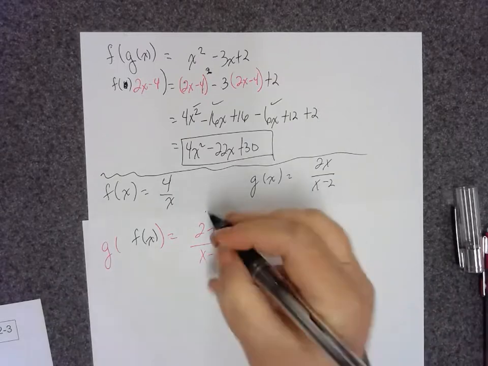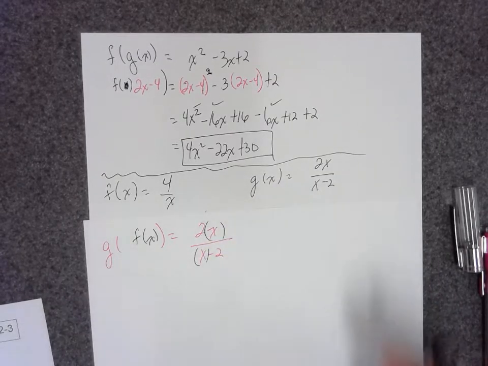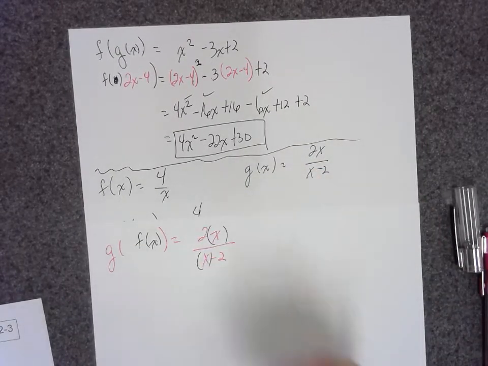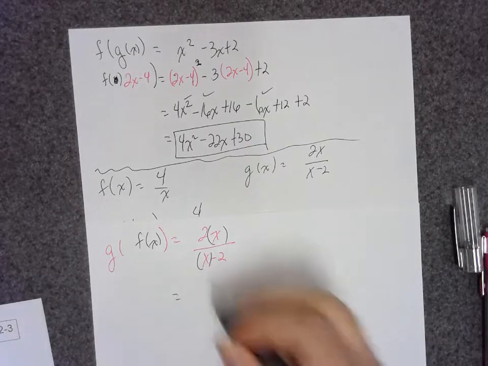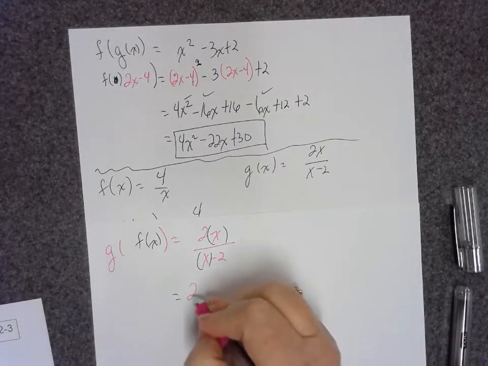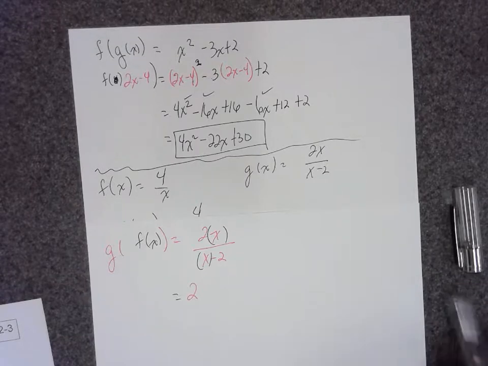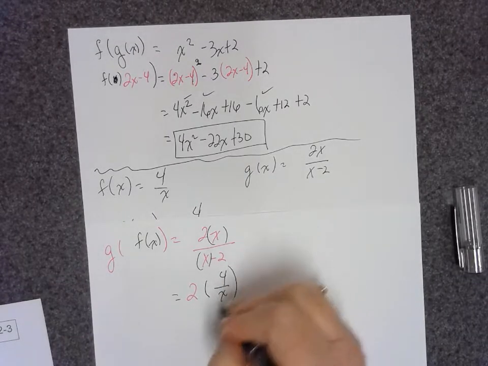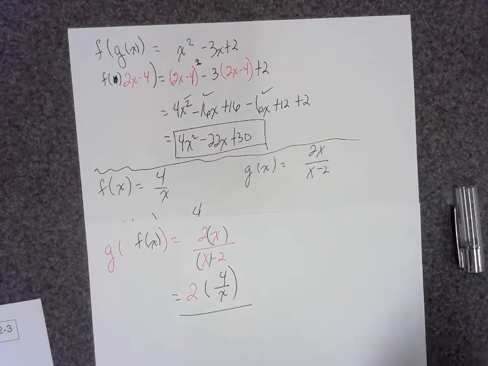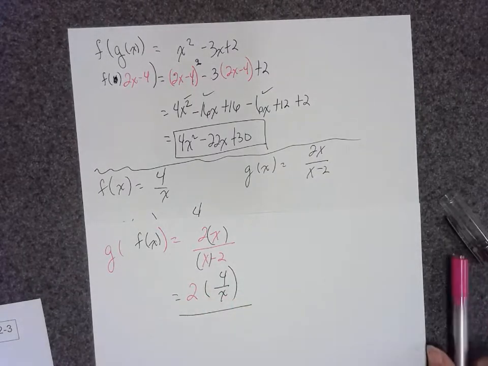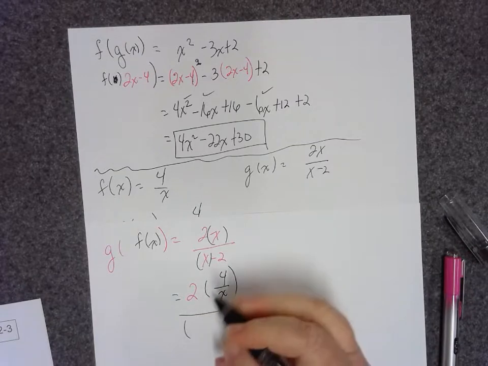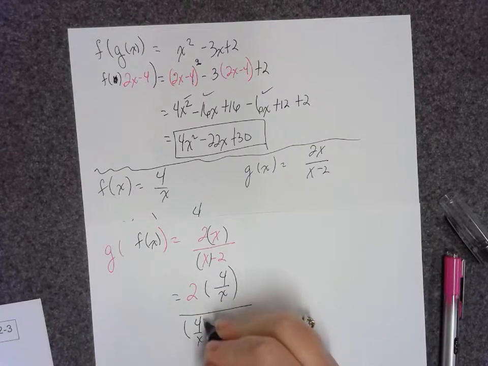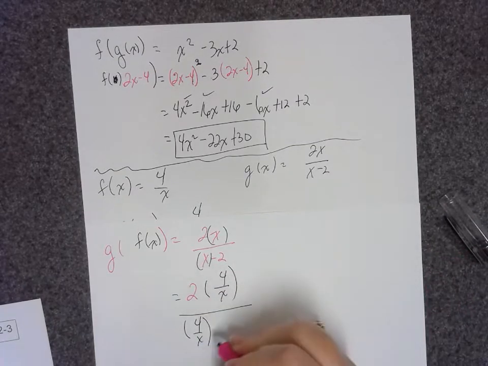So everywhere I see an x, I'm going to put in 4 divided by x. So we get 2 times 4 divided by x, divided by 4 divided by x, subtract 2.